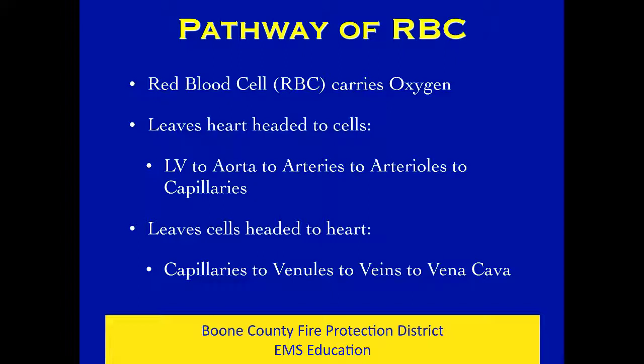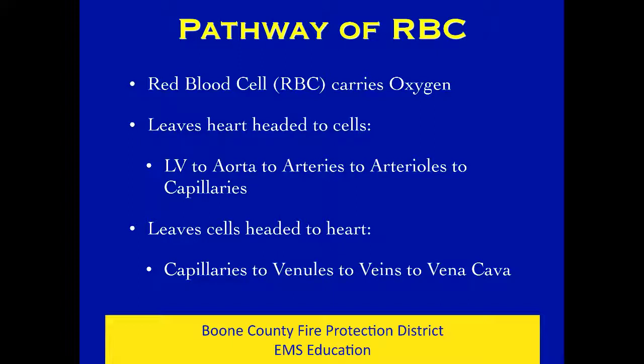And so the whole left side process, left side pathway is left ventricle to aorta, to arteries, to arterioles, to capillaries. Then the blood moves through the capillaries, past the cells, and comes back toward the heart on venules.